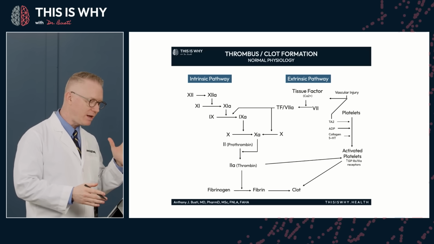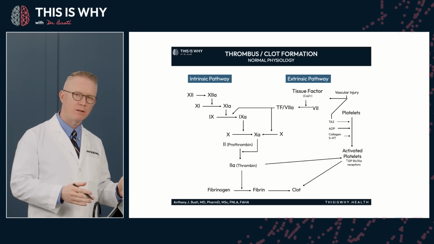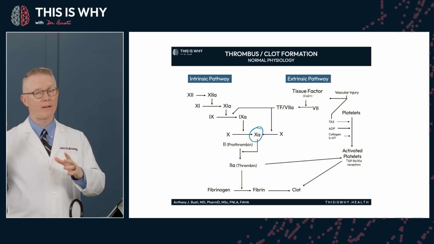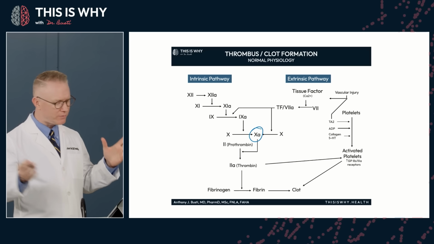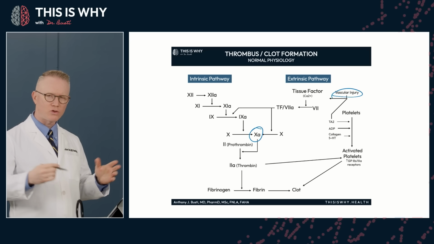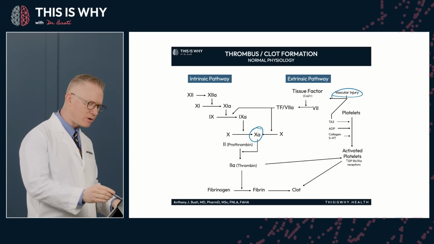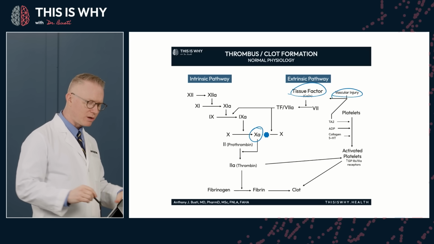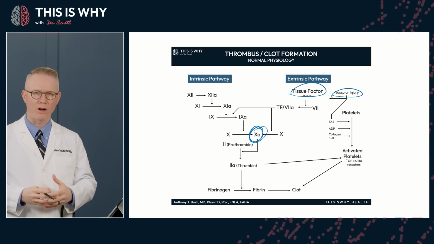Okay, we have the intrinsic pathway that finally arrives at 10A. And then we have the extrinsic pathway, usually from some, again, injury to the vasculature, trauma, atherosclerotic plaque rupture, releases a bunch of tissue factor, right? But they both converge together on factor 10A.